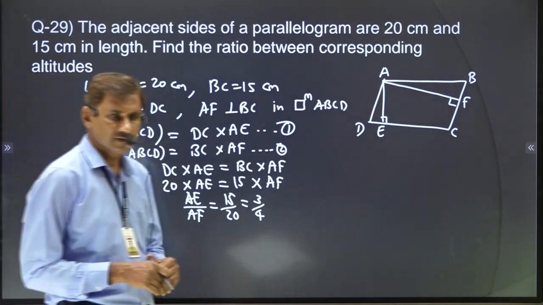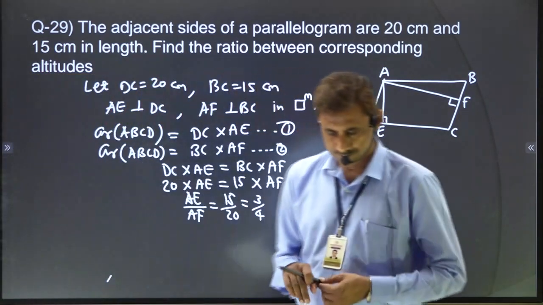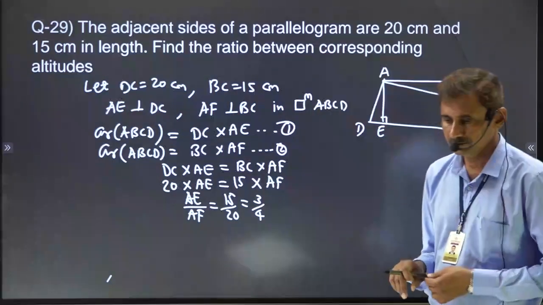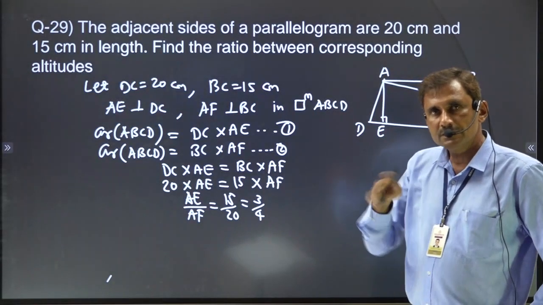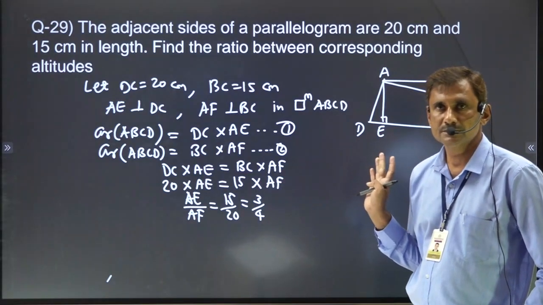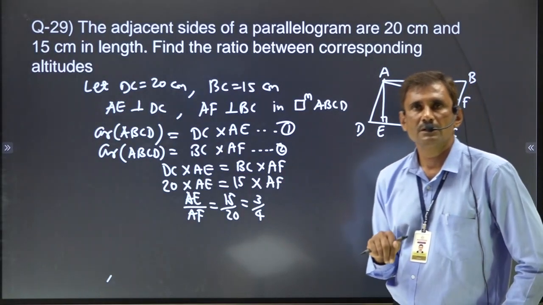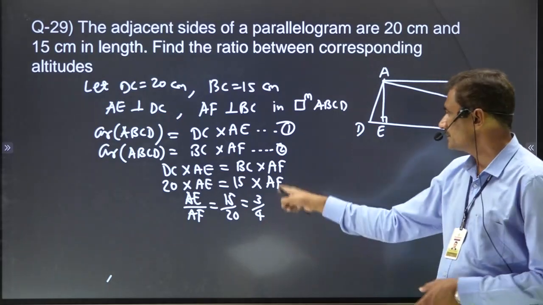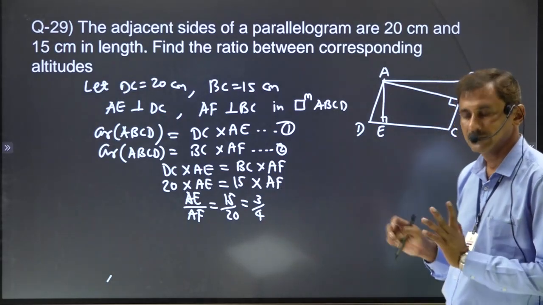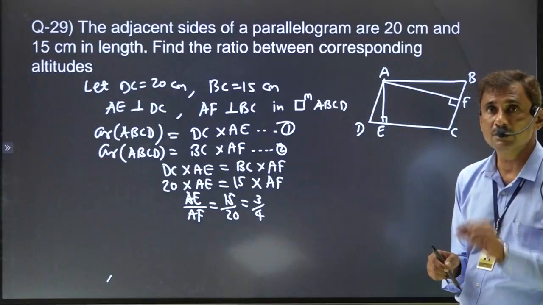Orally also you can say it. Whatever the sides' ratio, the inverse ratio will be the altitudes' ratio. Sides' ratio are what? 20 is to 15 means 4 is to 3. So here 3 is to 4. So that way also you can give the answer in an objective question.